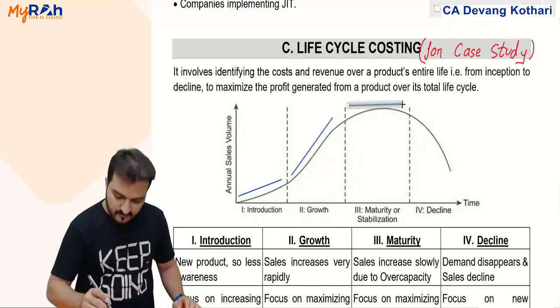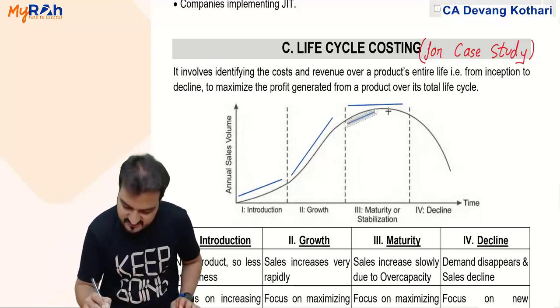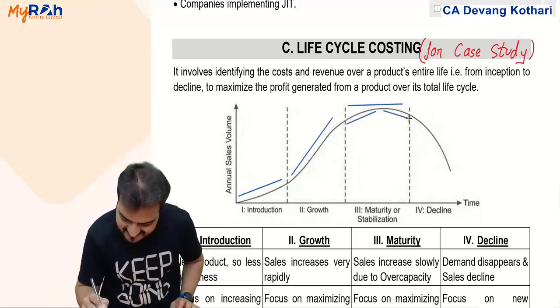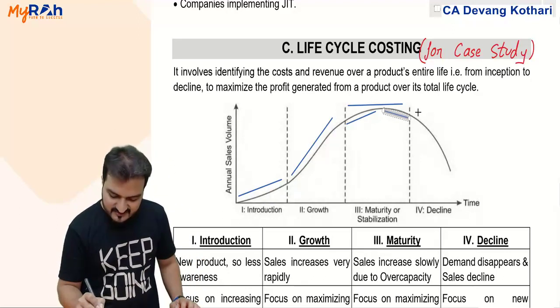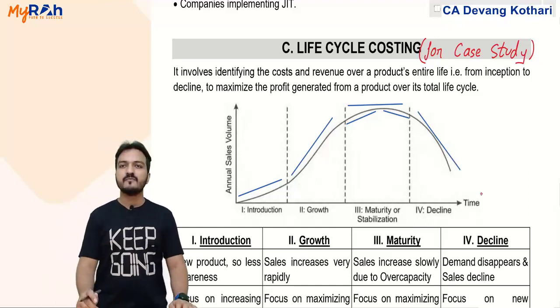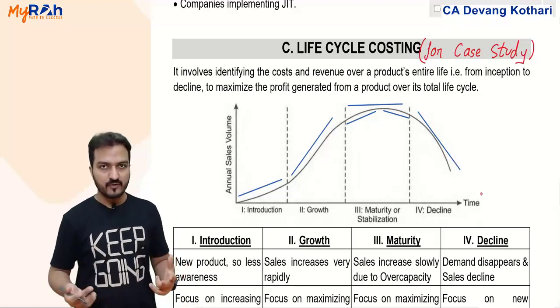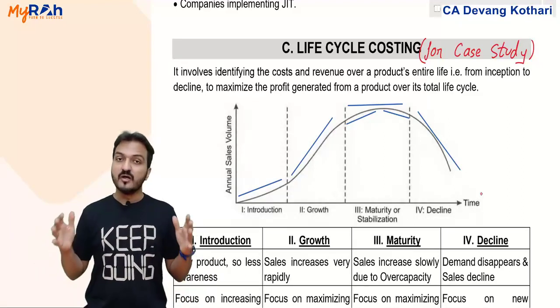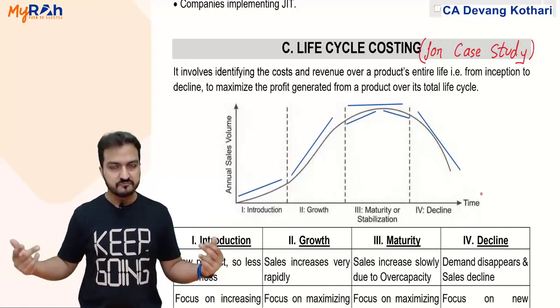In fact, it increases slowly, becomes consistent, and then starts decreasing also. And then during the decline stage, your sales starts decreasing rapidly. These stages cover the life cycle of a product. Now that life cycle total might be of say 1 year or 10 years or 100 years, depending on the product.